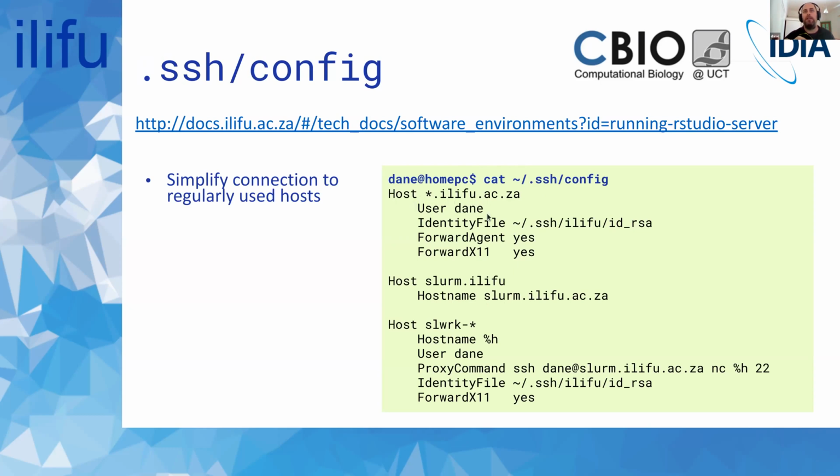So it knows my username, it knows which SSH key to use, and it does this forward agent, which forwards your keys from your machine, your PC, onto the cluster. And that's important for RStudio, which I'll show you in a moment.